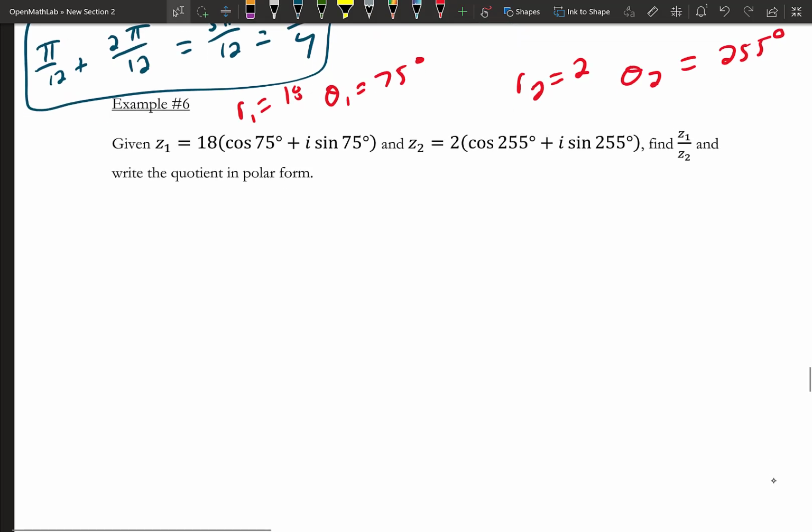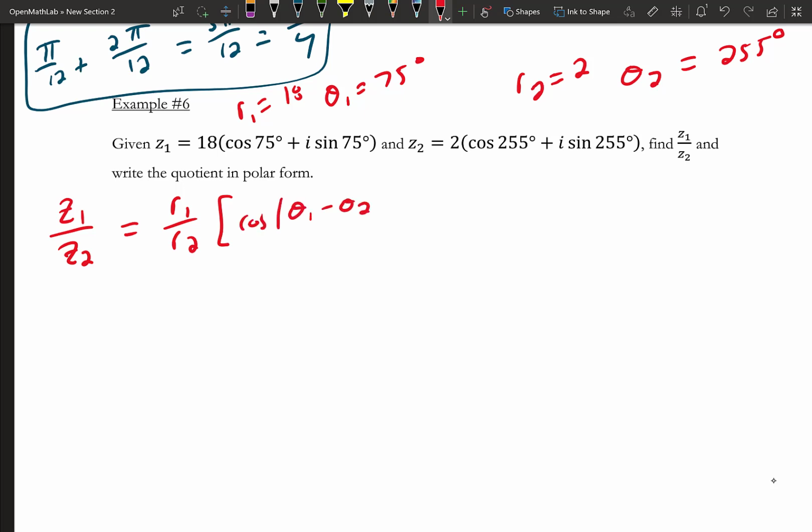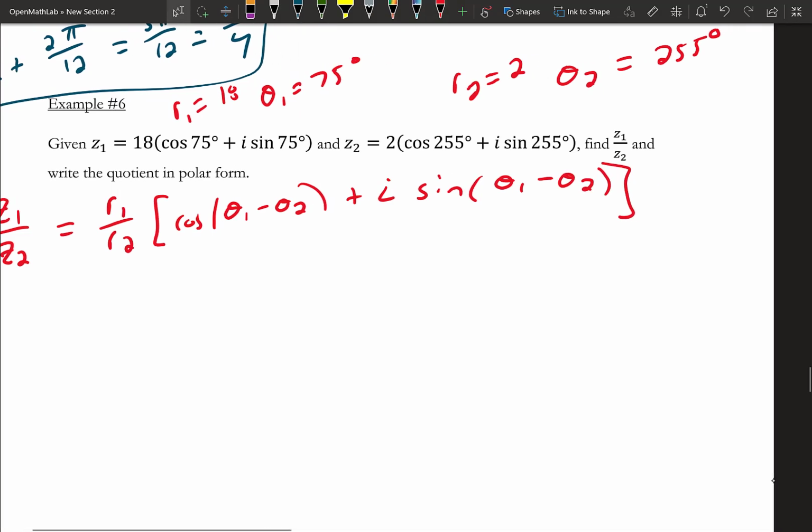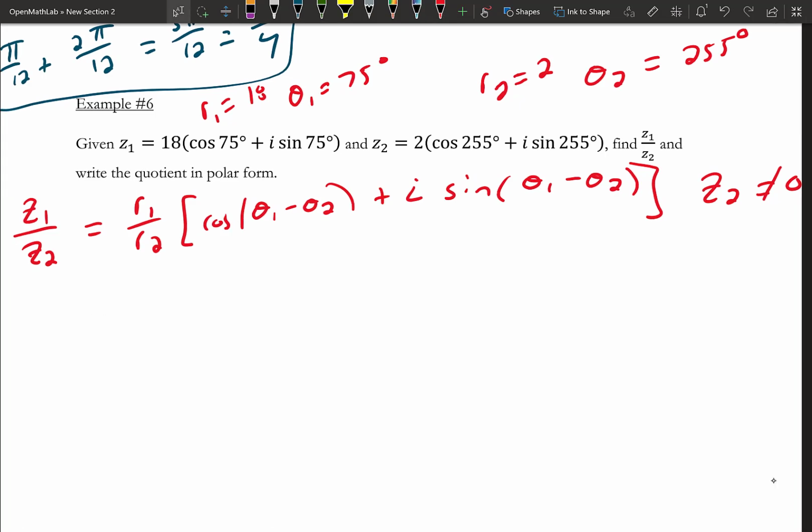So the equation is z1 divided by z2 is equal to r1 divided by r2, times cosine of theta 1 minus theta 2 plus i times sine of theta 1 minus theta 2, where of course z2 cannot be equal to 0, which is not the case.